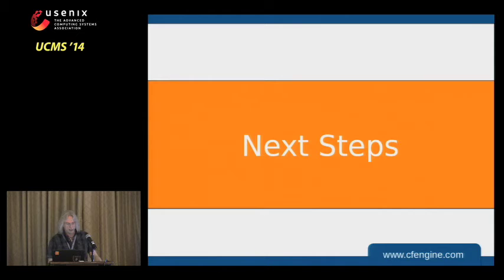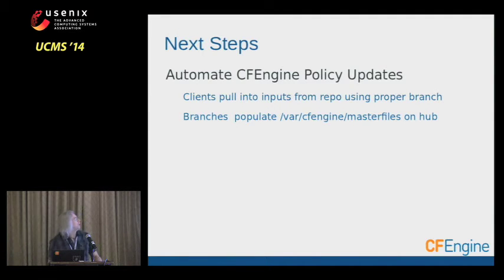So the next steps, we want to automate. In the CFEngine perspective, we want to automate them. So we want to pull inputs from the repo using the proper branch. And that's basically just adjusting internal files. So this also works for anything else that you may be using, whatever configuration management system.